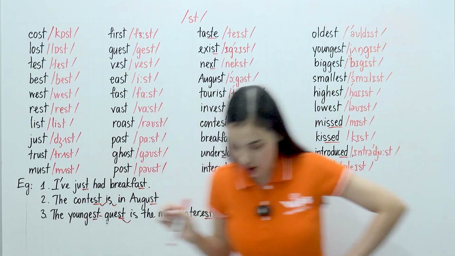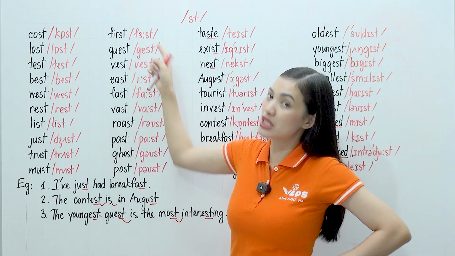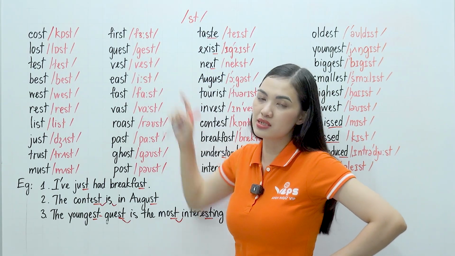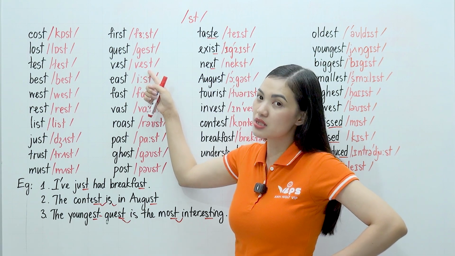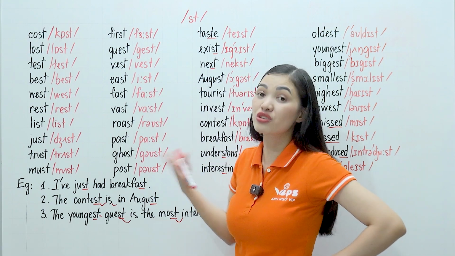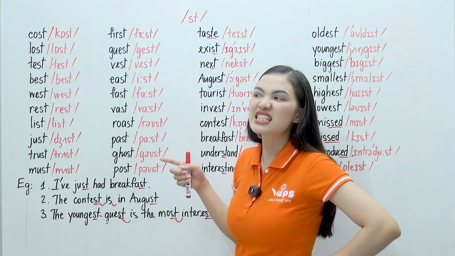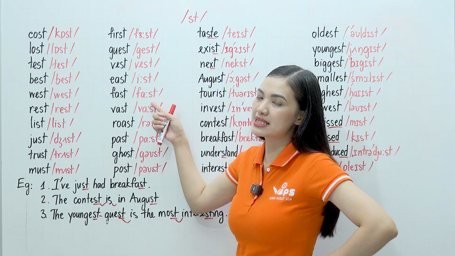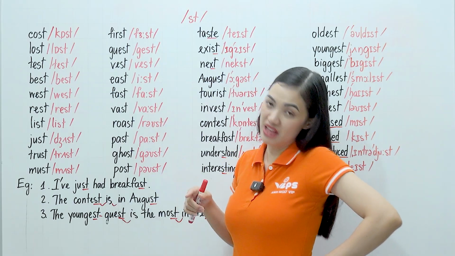Now, the second column here, first, guest, vest, naturally, smoothly, east, fast, vast.